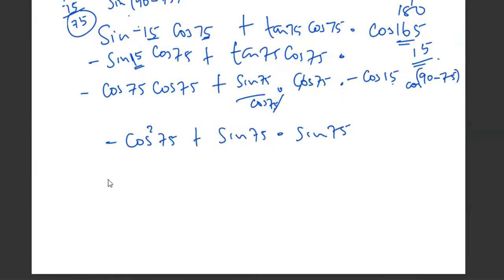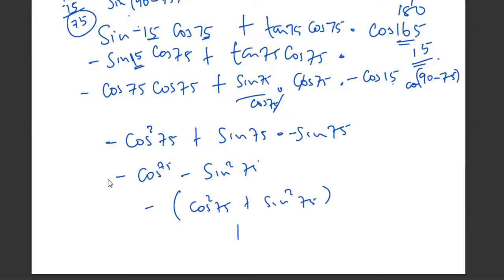No, there's a negative. Don't forget, because this cos, when it becomes a positive, this negative is maintained. So negative cos squared 75 plus, okay, it's now a minus because of the negative sign. So sine squared 75. Take out the negative, you'll be left with cos squared 75 plus sine squared 75. We know that this becomes a 1 with its negative that is outside. Okay, so that brings us to the end of 5.4.